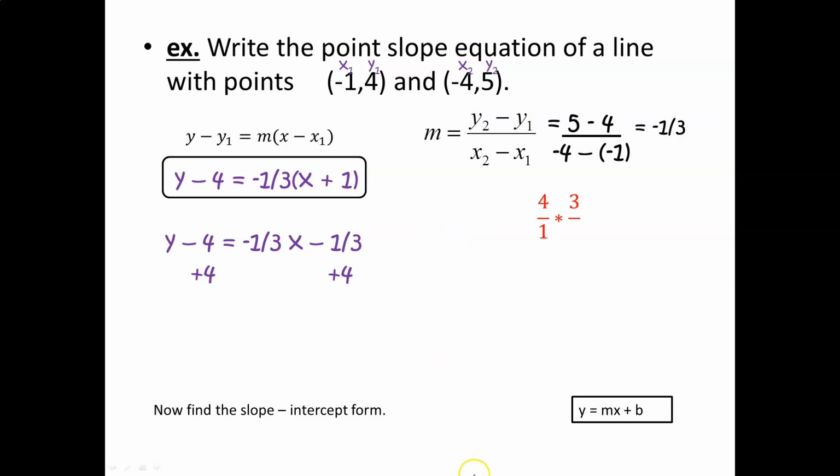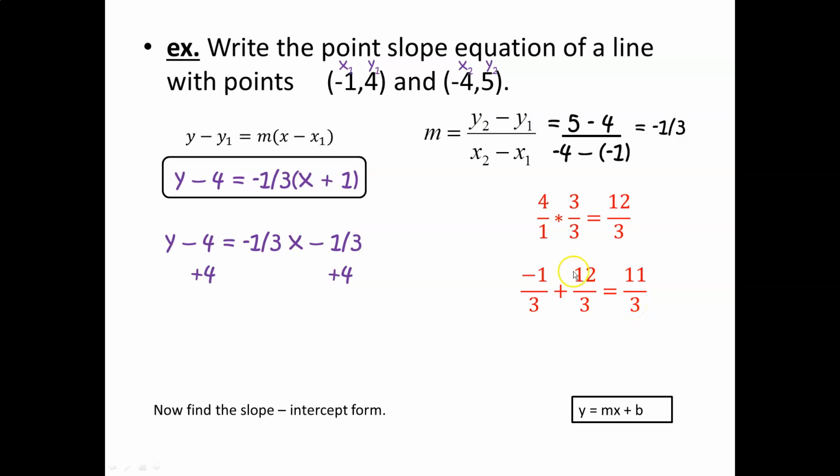We'll come over here. We've got 4 over 1 times 3 over 3 gives you 12/3. So then we have a common denominator. So we can just do -1/3 plus 12/3 is 11/3. Note that the bottom stays the same.